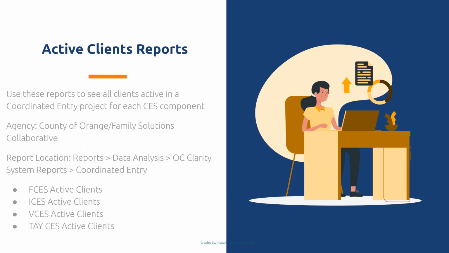And then we also have the location of these reports. It's listed under OC Clarity System Reports and Coordinated Entry. The four active client reports that are available are FCES, ICES, VCES, and TAYCES. Next slide, please.